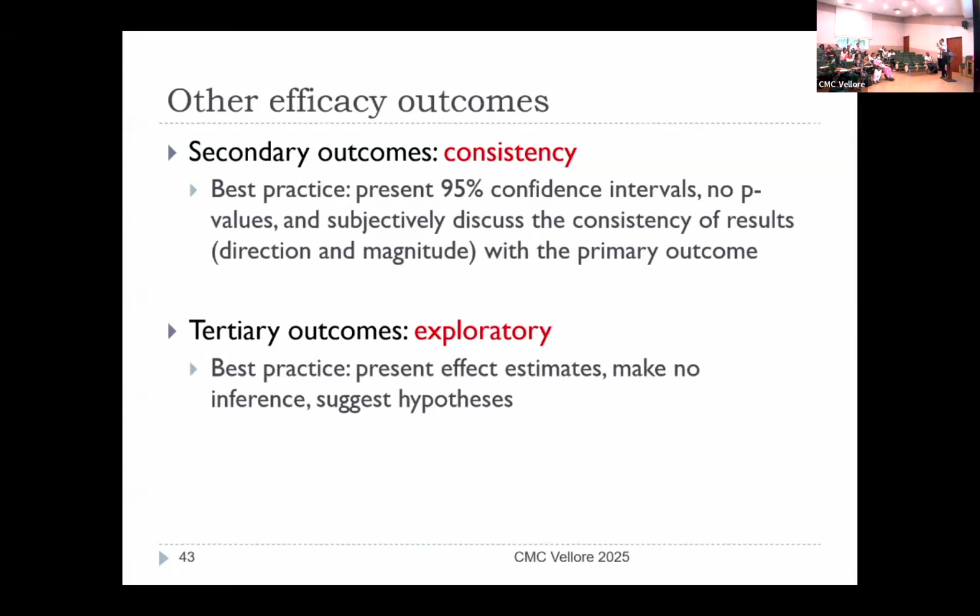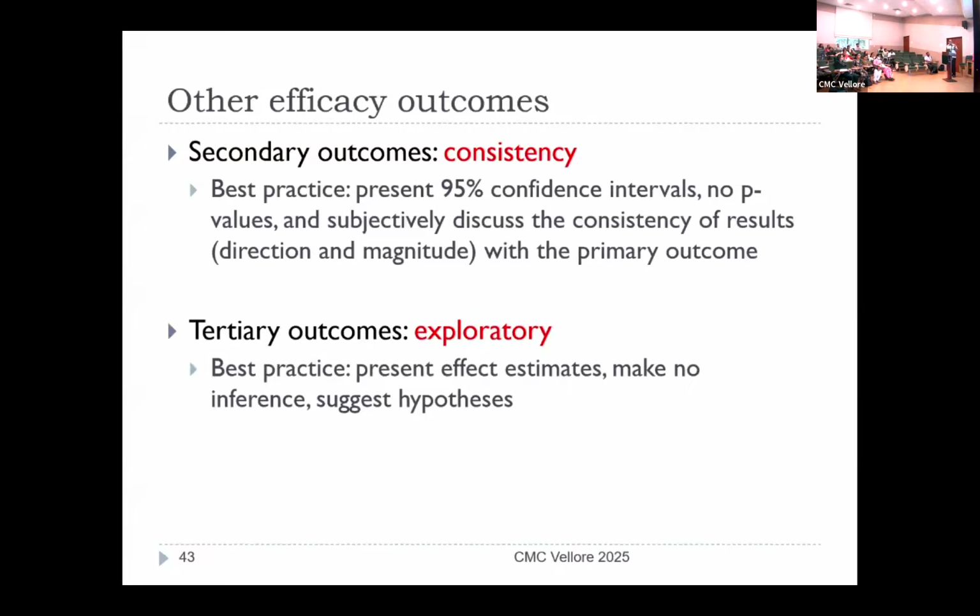You can still provide the confidence intervals, but you should avoid the word significance or lack of significance, because you have not specifically a priori powered or specified as hypothesis. So as I said, there are no p-values.